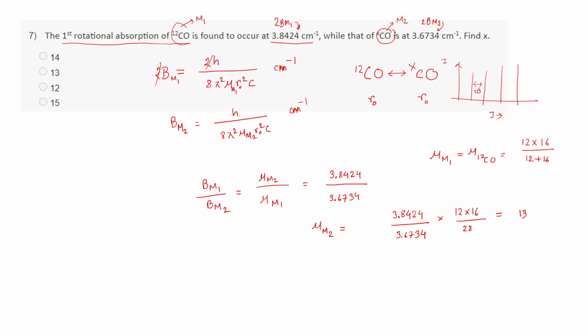What carbon is used? 14C, right? 14C is used for the radioactive aging thing. Carbon dating, yeah, 14C. So that option would have been wrong also. So yeah, you are going to get something around 13. 13 is actually the correct answer.